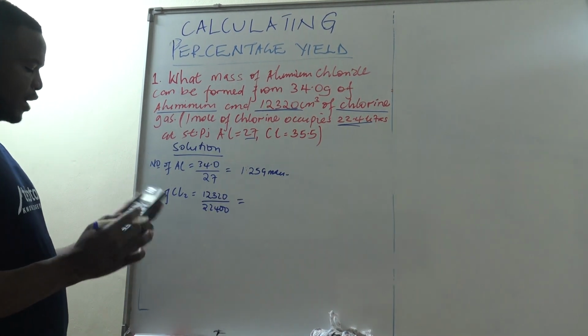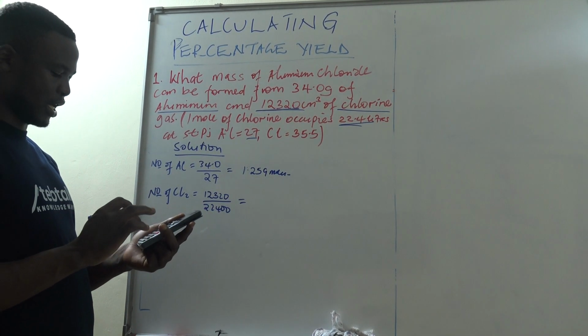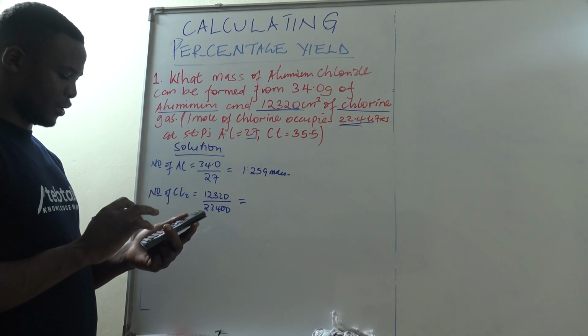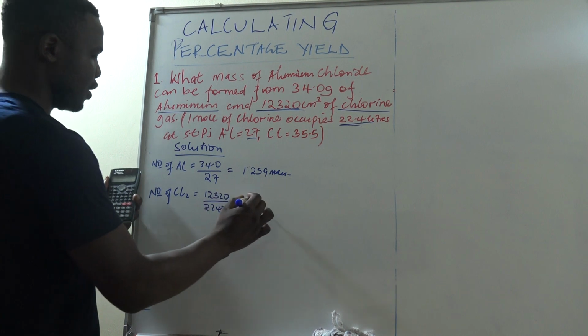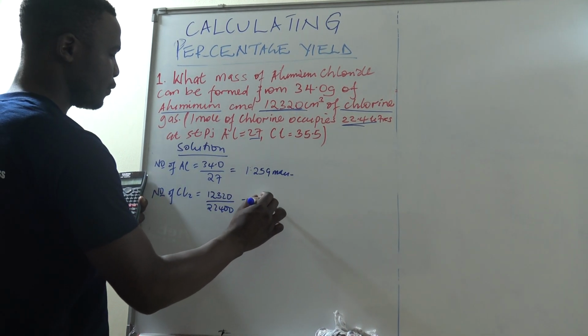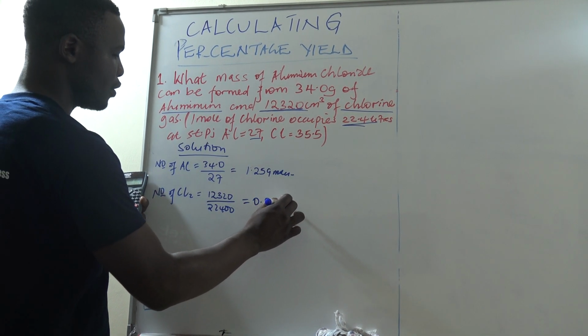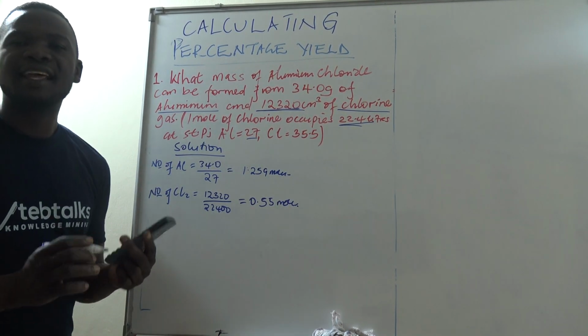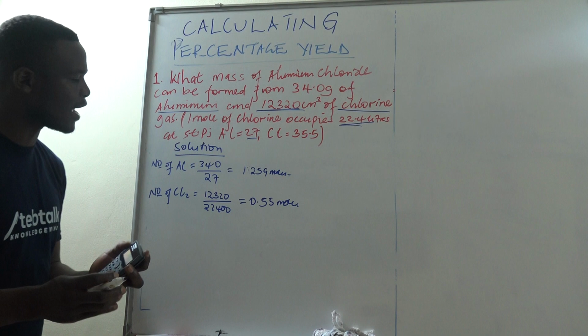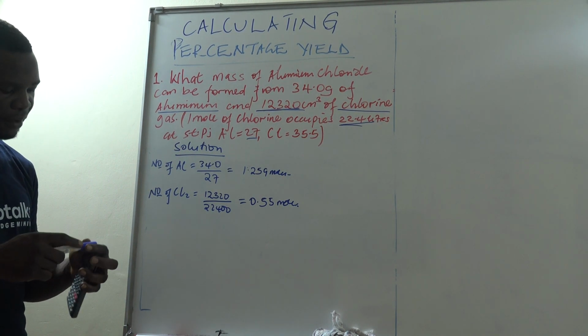So, when I plug this in the calculator, divide by 22400, this gives me 0.55 moles.